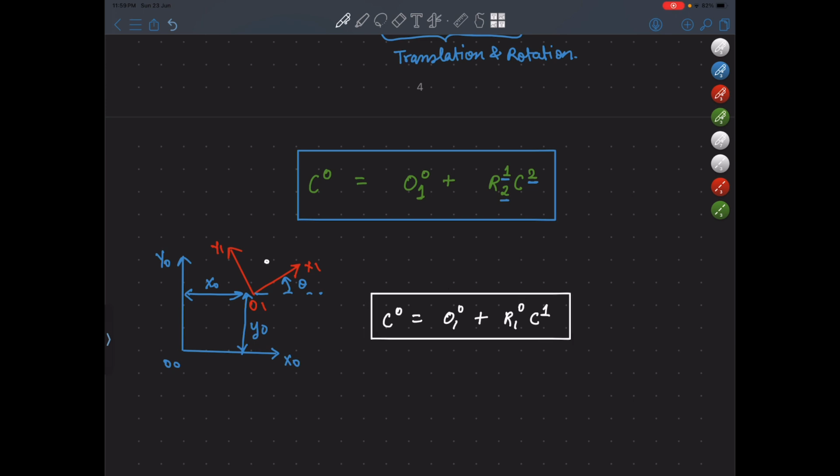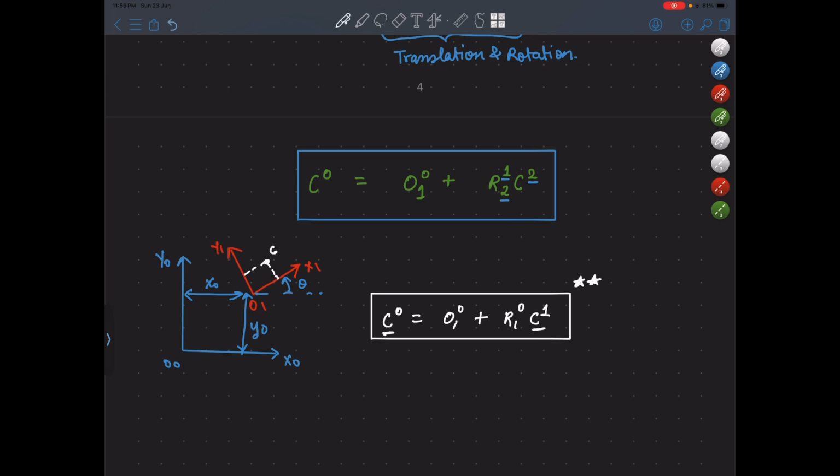Correct. So this is the formula that you should remember. It's an important formula that helps us tell the relationship between the coordinates of a point in two frames, when one of the frames has both translated and rotated with respect to the other.